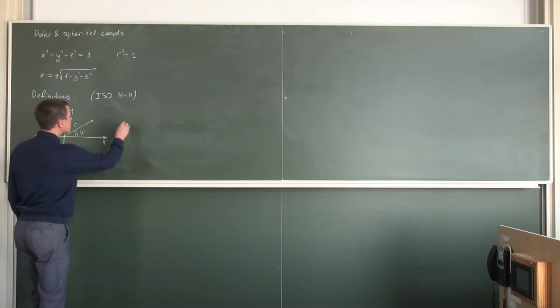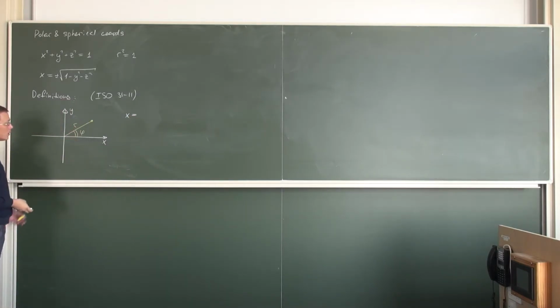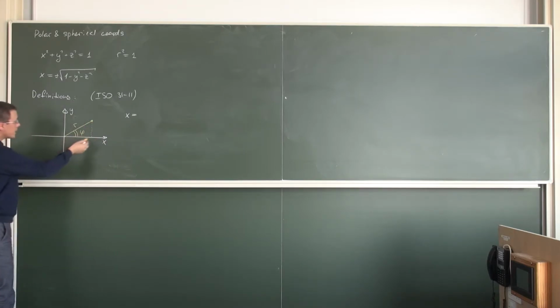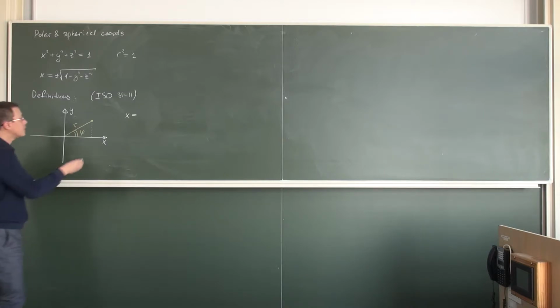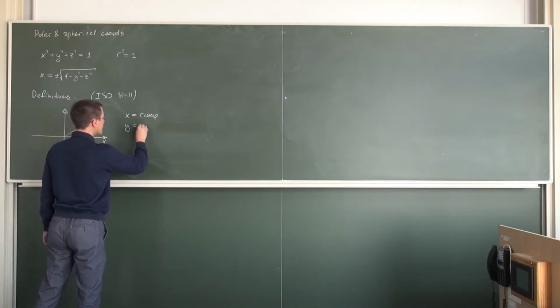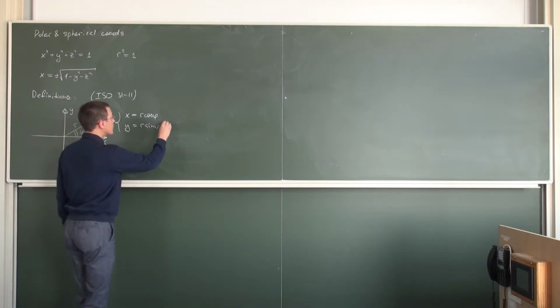So let's consider, for example, we've got a triangle here, and we can see a projection here, and x is plainly r cosine phi here. And y is r sine phi, and these are called polar coordinates.